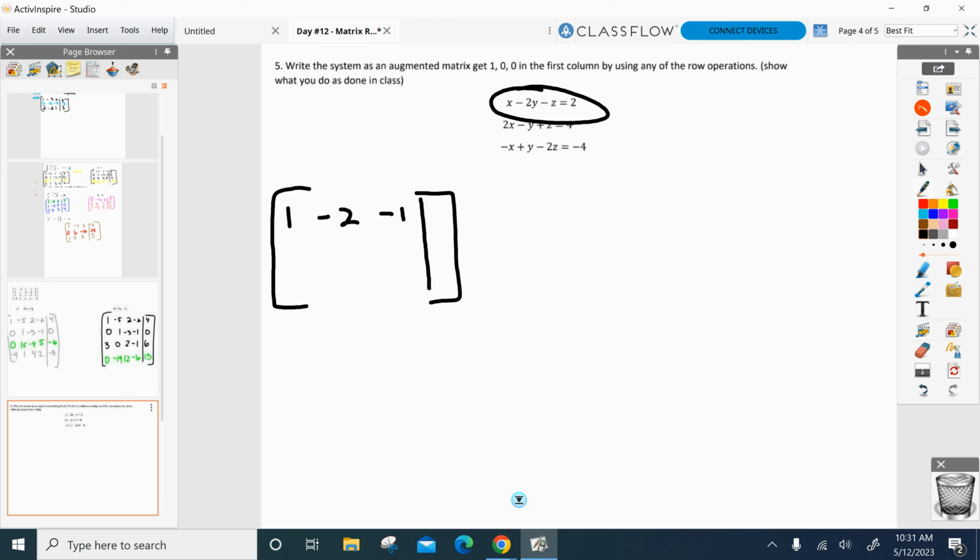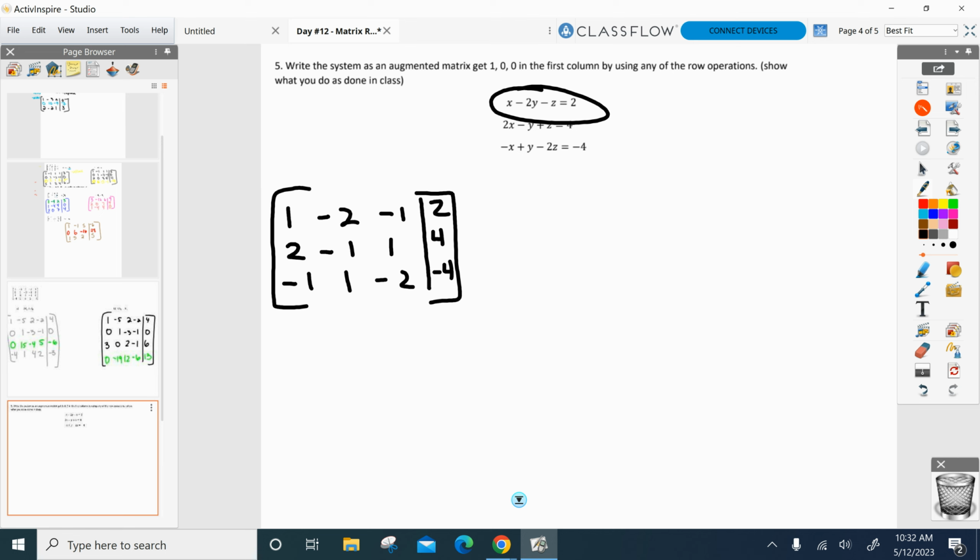That's why I went back to show you that vertical bar, and then a 2 after. So there's row 1. All right, row 2, 2, -1, 1. What's that, a 4? And finally, row 3, -1, 1, -2, -4.